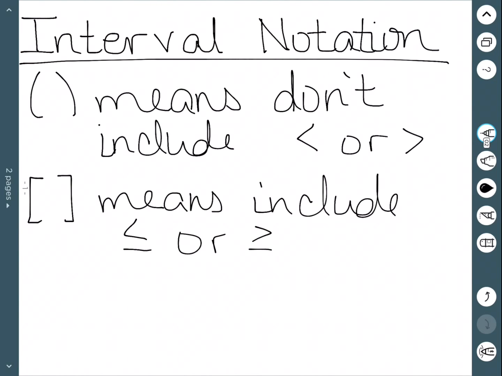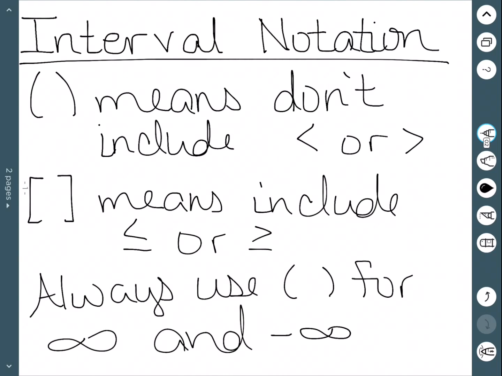So when we're dealing with interval notation, these parentheses and square brackets let us know what type of inequality we have. In addition, if we ever have to deal with intervals that go to infinity or negative infinity, these always have parentheses. Infinity and negative infinity are not numbers that we will be including. Instead, they're ideas, so they get parentheses.